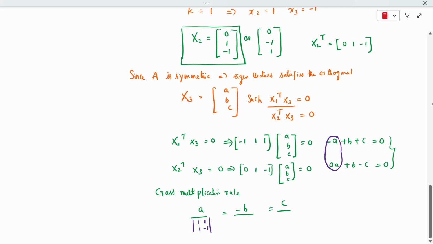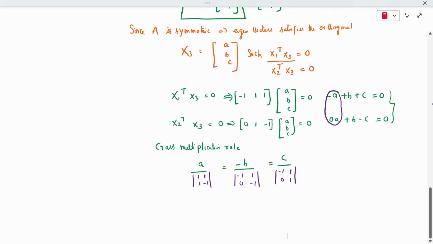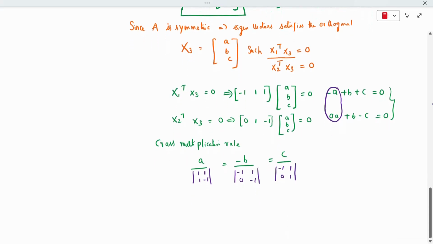B you hide it, same way write in determinant format: 1 1 0 minus 1. C you hide it, remaining determinant format: minus 1 1 0 1. So completed. Calculate the answer correspondingly. So minus 1 minus 1, so minus 2. Correct? So now 1. In this, minus 1.